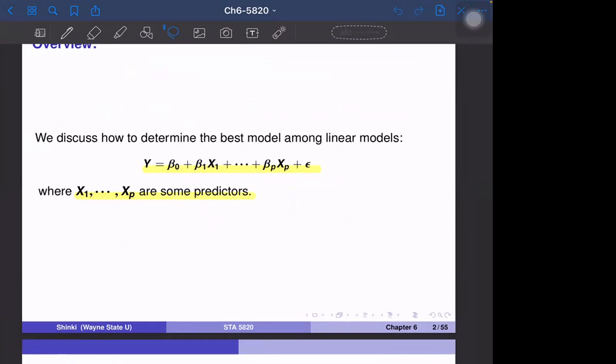The problem is that when we have a large number of candidate predictors, x1 to xp, what's the best way to choose the best set of predictors, or what's the best way to estimate beta naught to beta p?